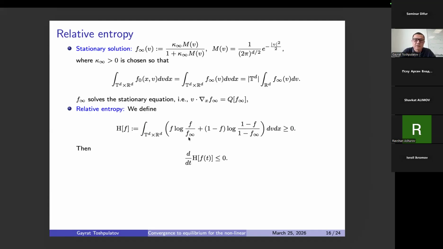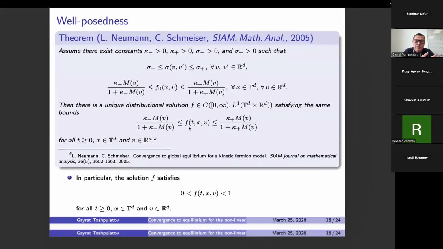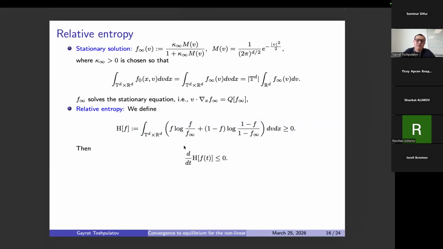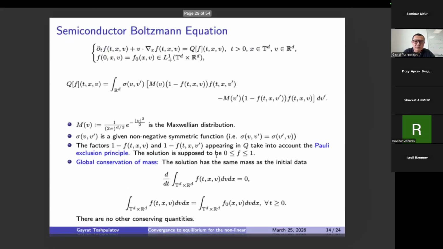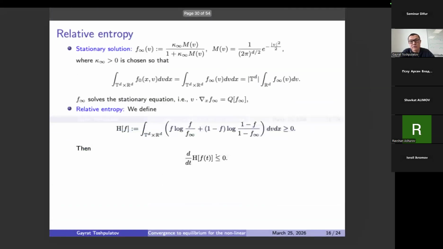As I told you, there exists a distributional solution, but for all of my computations, you can assume there exists a smooth solution. So if we have a smooth solution, we can take the time derivative of this functional, and since f solves this equation, by using this expression we can check that the time derivative of h is non-positive.